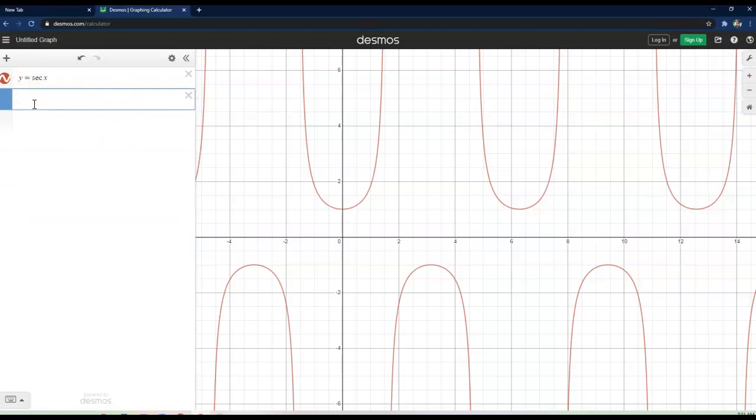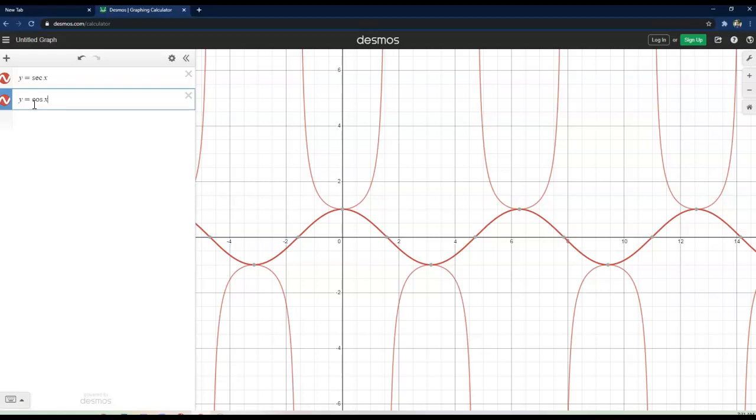And I am going to put in y equals the cosine of x, and you can see the way that the orange, boy, those are poor color choices. The orange secant graph is related to the red cosine graph.